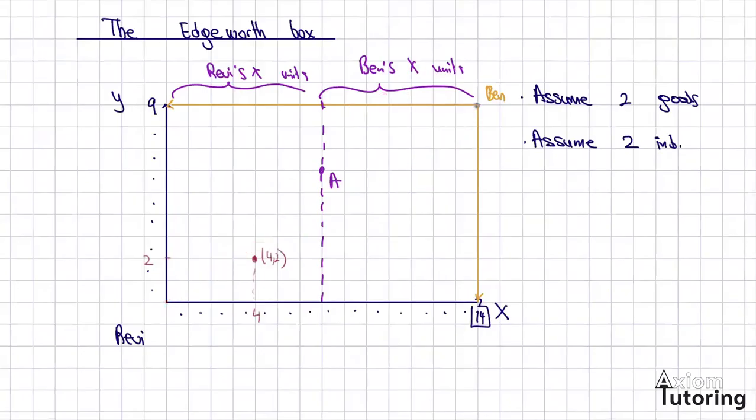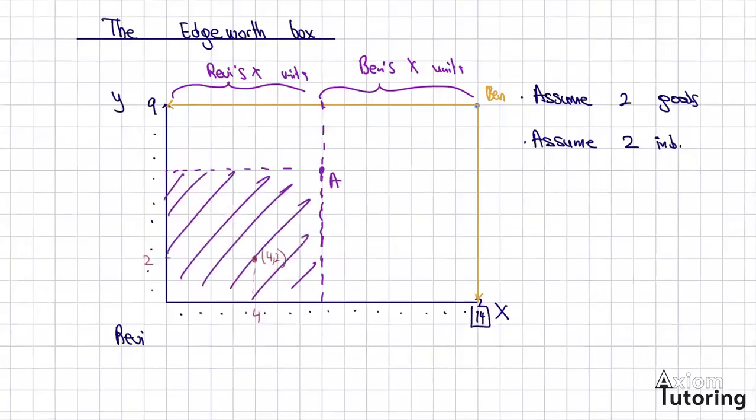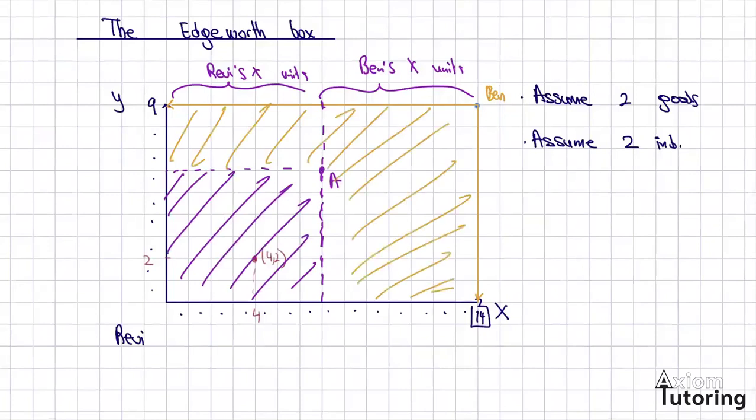But the thing to realize is that in the Edgeworth box, each point is giving you how the resources are being allocated in the economy. You could also visualize it as, for example, at point A, this is sort of like my share of the economy, and this is Ben's share of the economy.